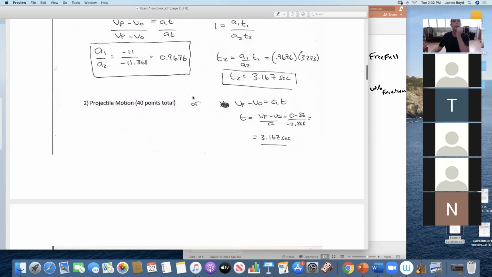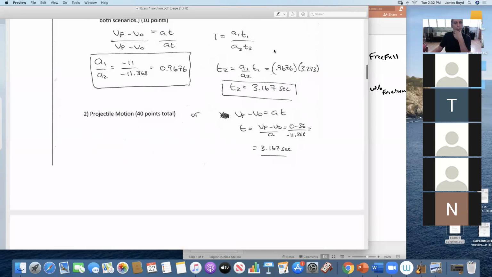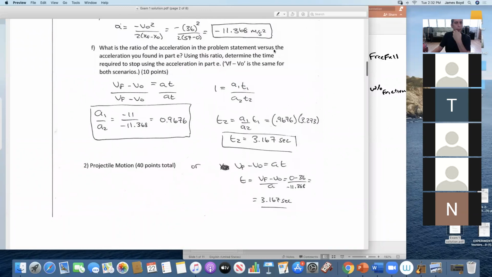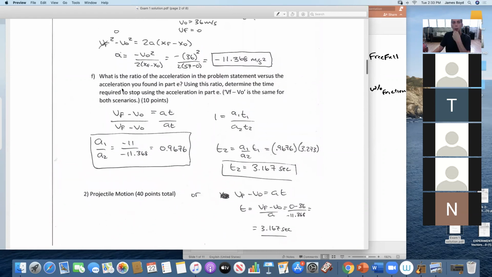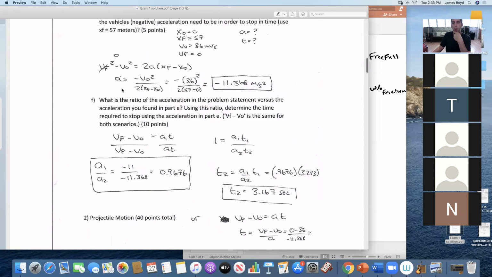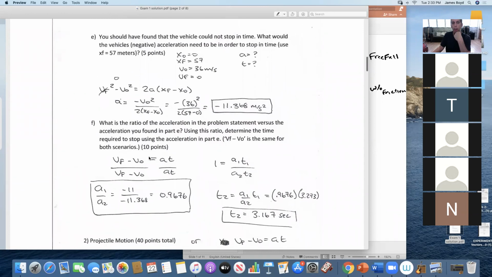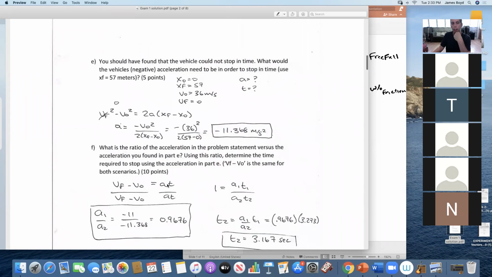Professor? Yes. Quick question. Why are we able to have the two equations for the V final and V naught cancel out into one? Because isn't the V final for one of them 38 point something and the other one 37? No, they both are 0. This is the acceleration times the time. Oh, I see. Yeah.